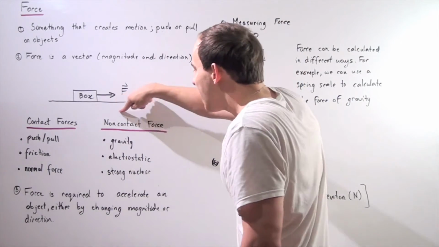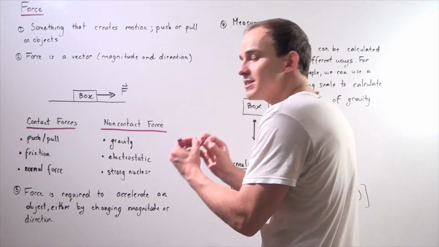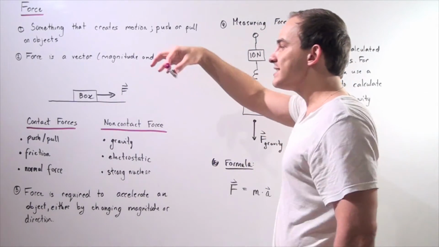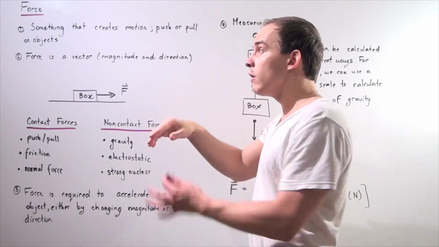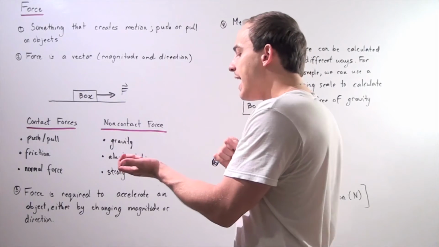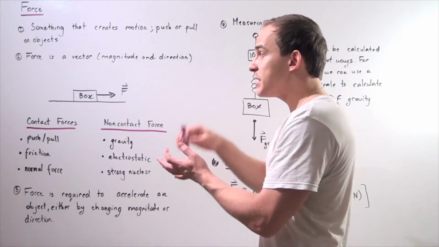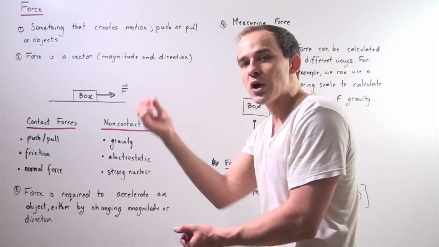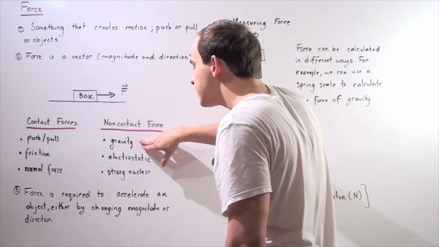Now, non-contact forces are forces where there is no physical contact. For example, if I take my marker and I let go, my marker will fall from my initial position to a final position on my hand. And even though there's no force physically touching this marker, it's still traveling, it's still accelerating because of gravity.